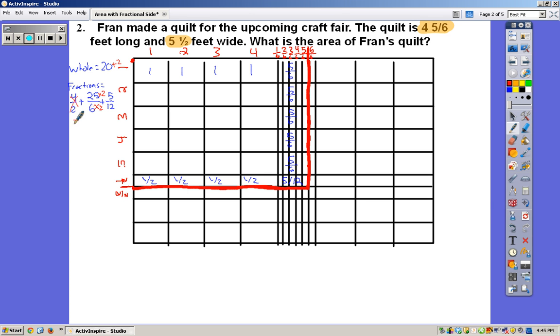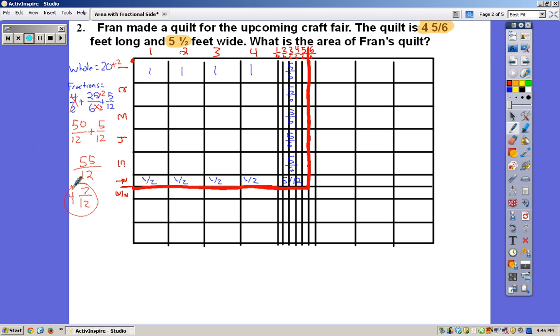I have 50/12 plus 5/12. So that means 55/12. 12 goes into 55 4 times. 4 times 12 is 48. 55 minus 48 is going to be 7.